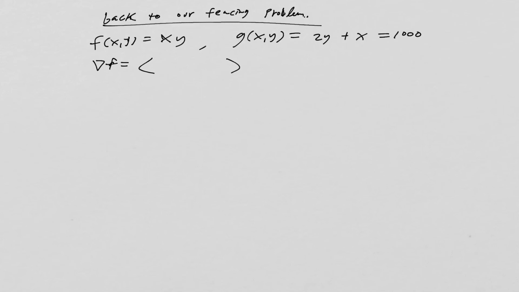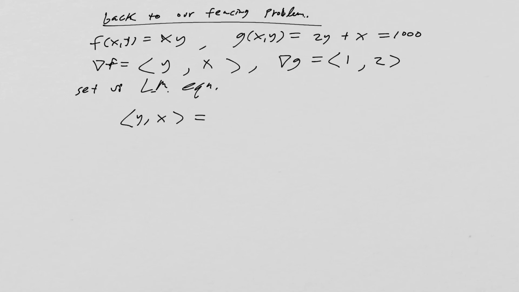The partial derivative with respect to x is y, and the partial derivative with respect to y is x. And for the gradient vector of g, the partial derivative with respect to x is 1, and with respect to y is 2. Now we set up the Lagrange multiplier equation: (y, x) is equal to lambda times (1, 2).